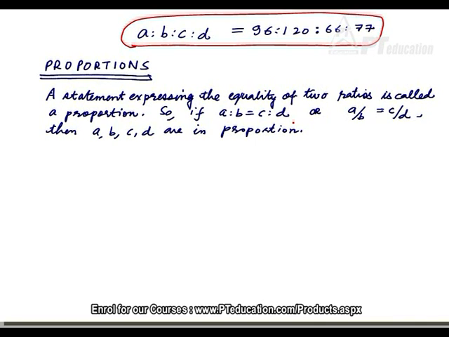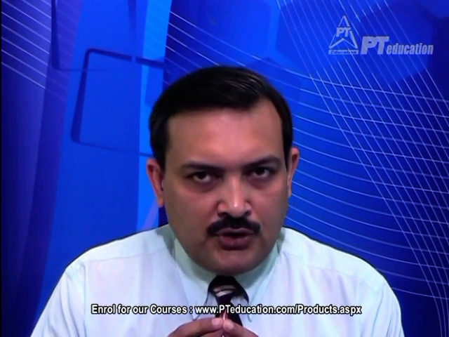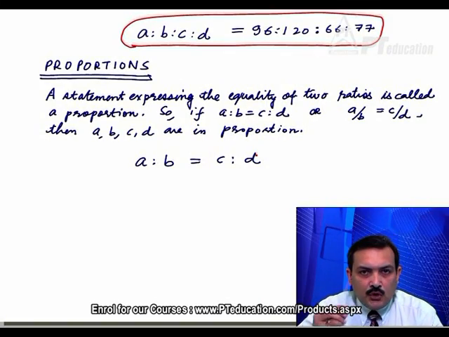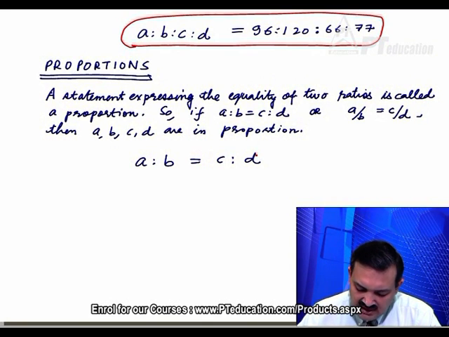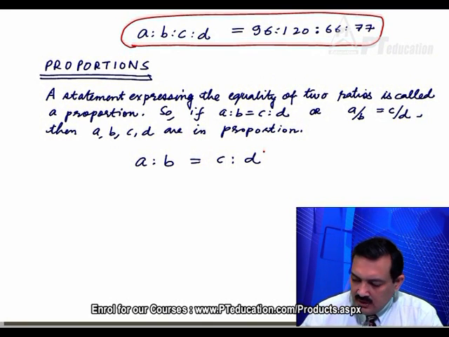So, if A is to B is equal to C is to D, or A by B is equal to C by D, then A, B, C, D are said to be in proportion. So, we have just seen that A is to B is equal to C is to D means A, B, C, D are in proportion.